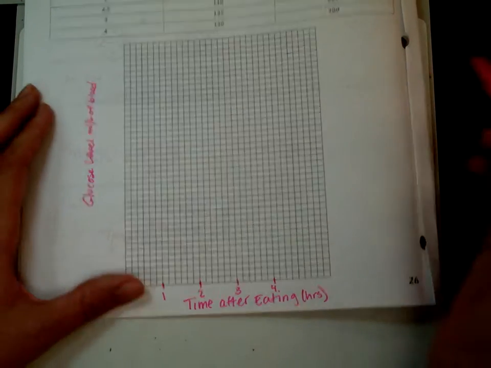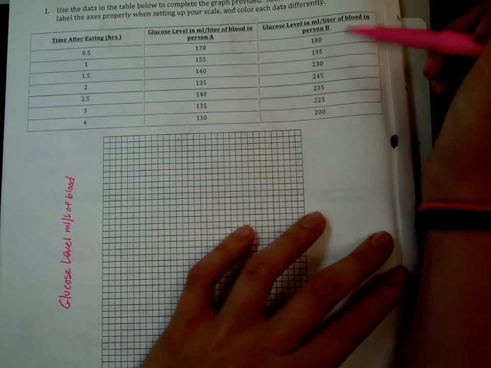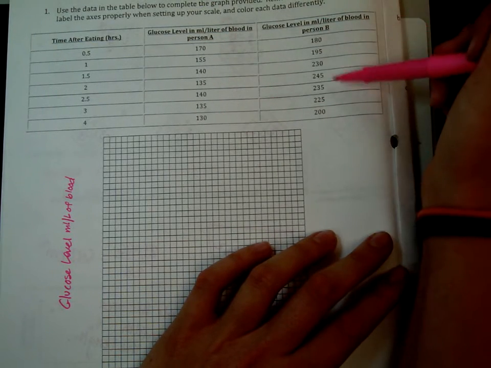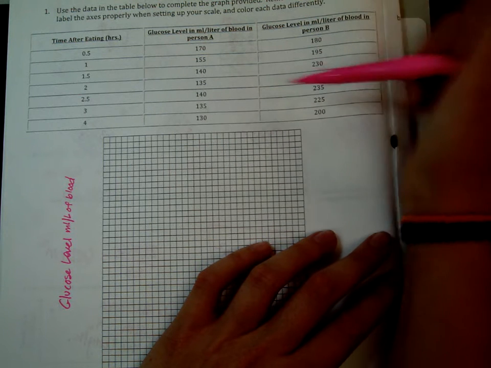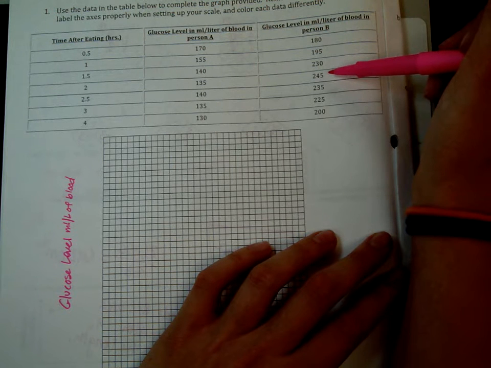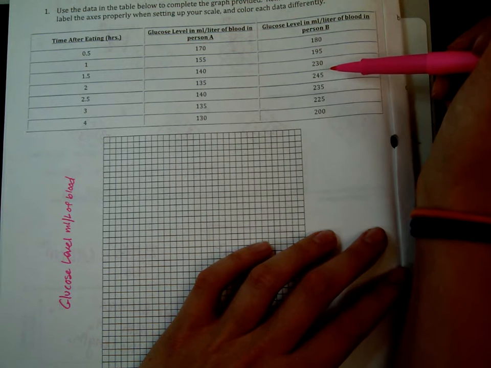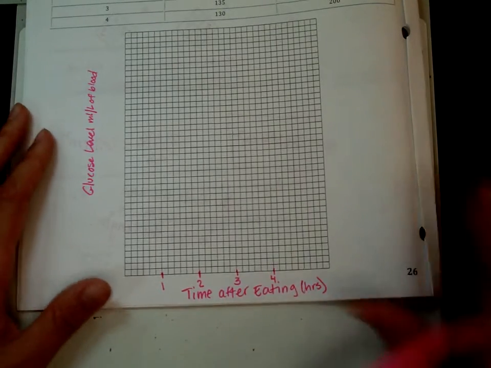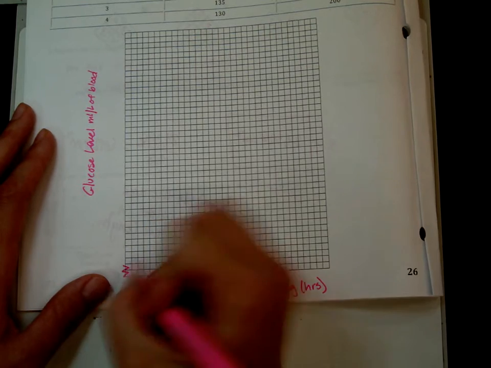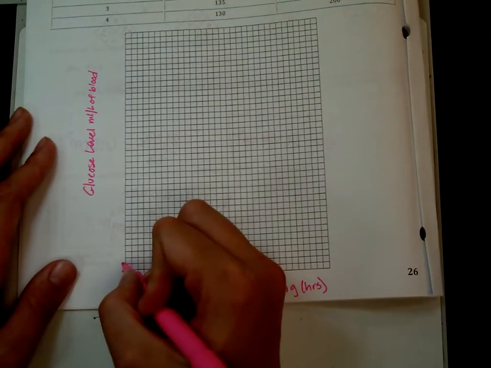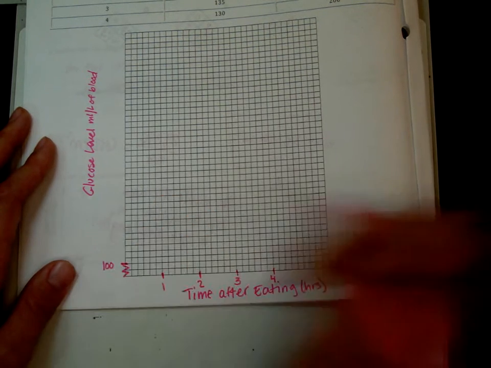So this needs to go, our y-axis, see the lowest value we've got is 130, and then we go all the way up to 245, it looks like. So maybe we go from 100 to 250. So I'm going to put a break in the graph. This little squiggly line signifies a break in the graph. So I'm going to start right here at 100.